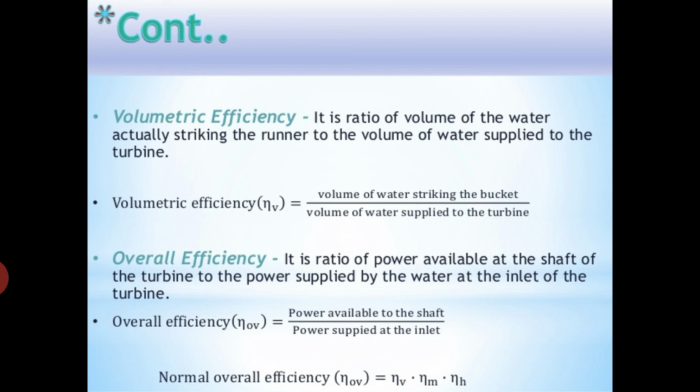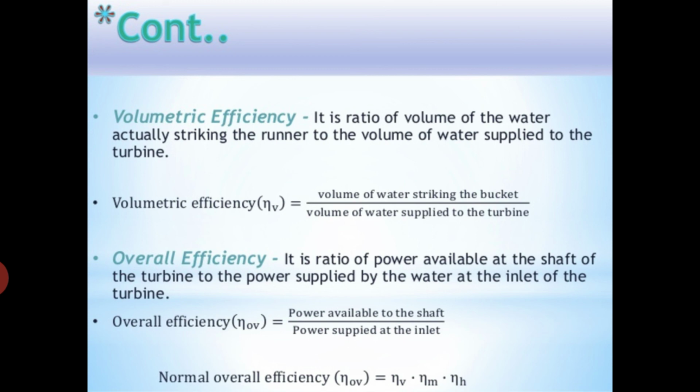Thus, the ratio of the quantity of water actually striking the runner to the quantity of water supplied to the turbine is known as volumetric efficiency. Mathematically, it can be represented as volumetric efficiency eta V is equal to the volume of water actually striking the bucket, divided by the volume of water supplied to the turbine.